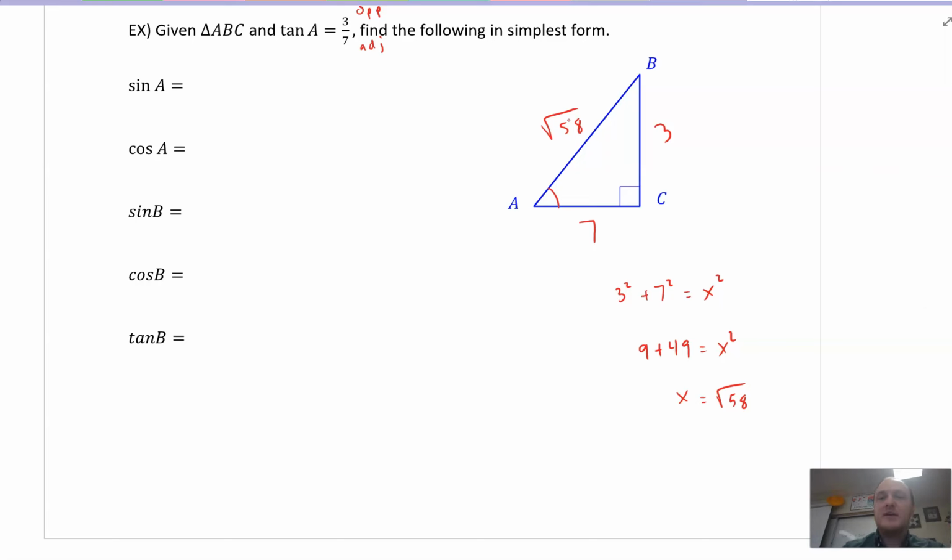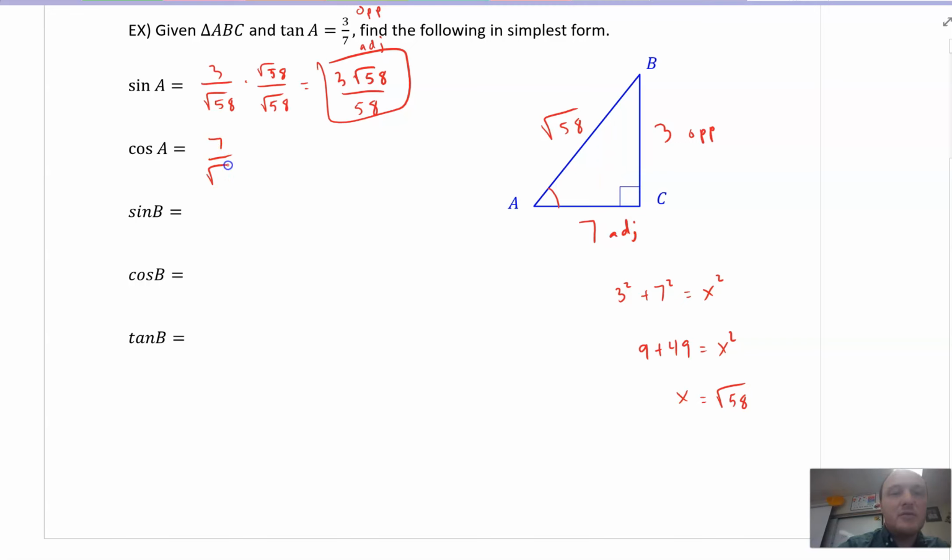So now I'm going to go ahead and fill in these values. Okay, so sine of A. So opposite, which is here, over hypotenuse, 3 over root 58. Okay, so I'll rationalize. And we get 3 root 58 over 58. That easy, right? Okay, next, cosine of A. Well, that is adjacent over hypotenuse.